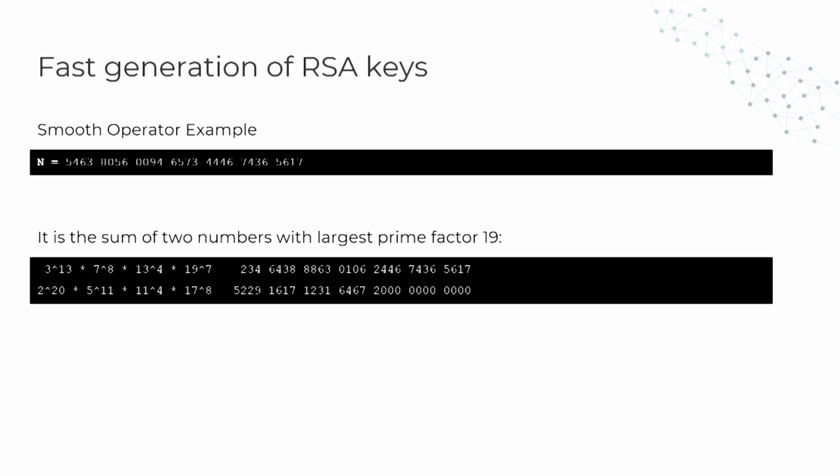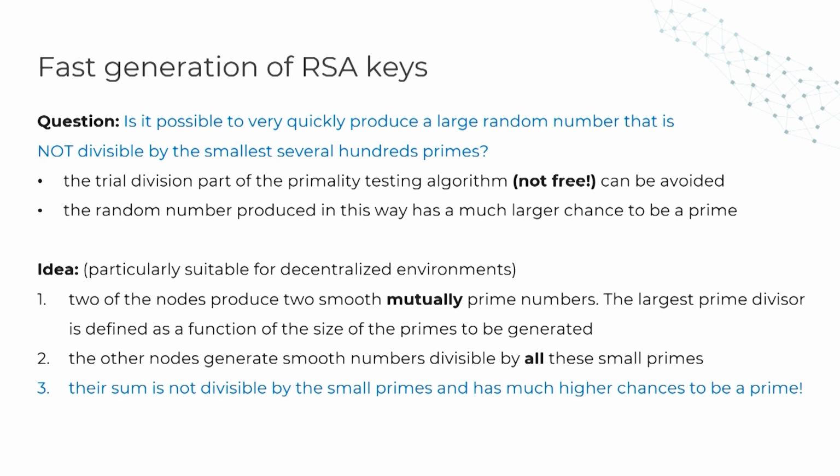You split the set of small prime numbers evenly and then raise to random exponents and add small exponents. So can we use this whole thing to very quickly generate prime numbers not divisible by, let's say, the first 1,000 primes?